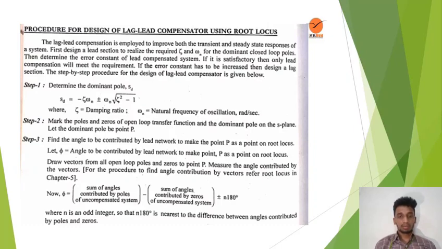Let the dominant pole be point P. Step 3. Find the angle to be contributed by the lead network to make the point P a point on the root locus. Phi is the angle n times 180 degrees, where n is an odd integer, so that n times 180 degrees is nearest to the difference between angles contributed by poles and zeros.